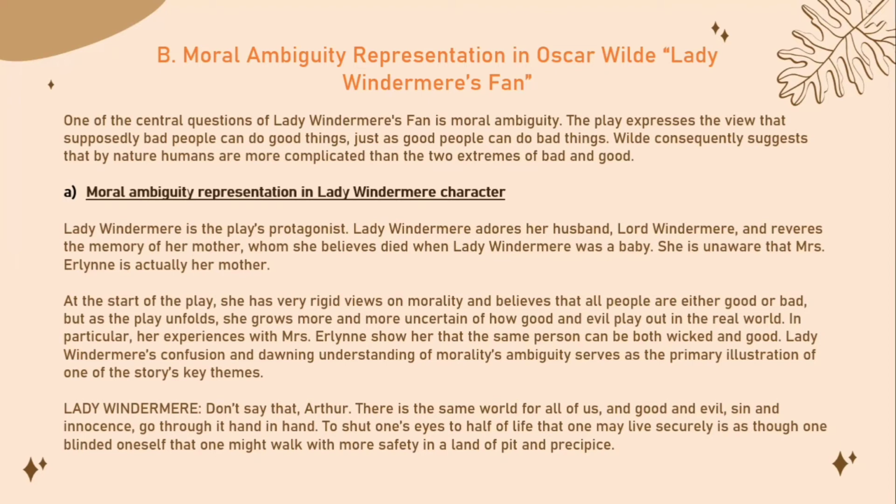In particular, her experience with Mrs. Erlynne shows her that the same person can be both weak and good. Lady Windermere's confusion and dawning understanding of morality's ambiguity serve as the primary illustration of one of the story's key themes.